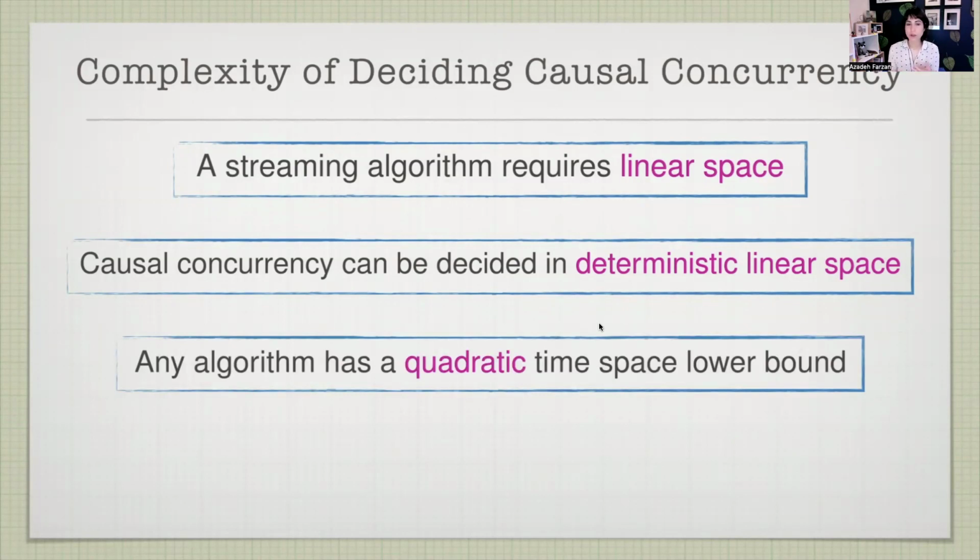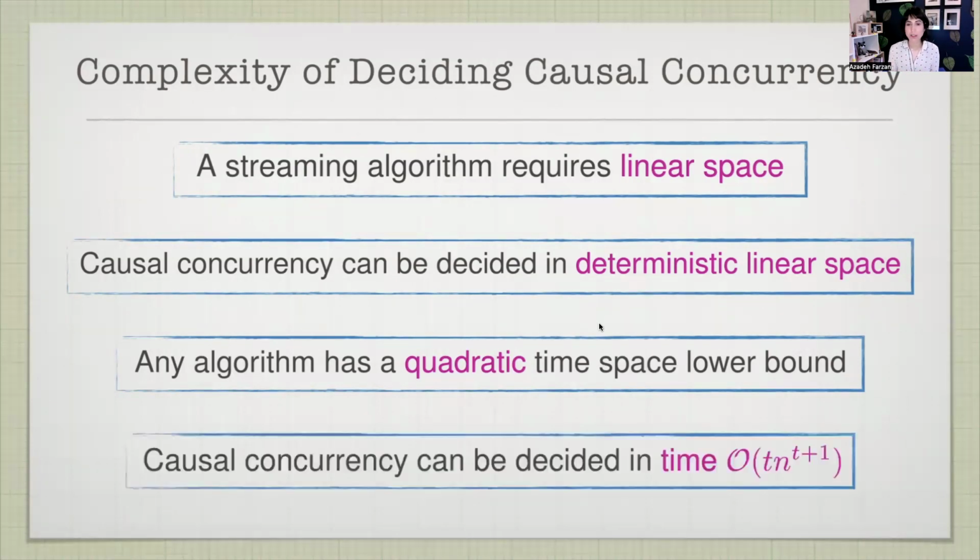And there is this idea that you have a quadratic time-space lower bound. So if you try to reduce one, you have to compensate by increasing the other. And finally, the complexity of deciding this in time corresponds exponentially to the number of threads.